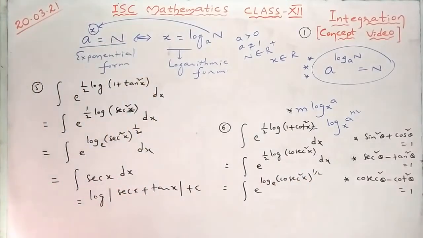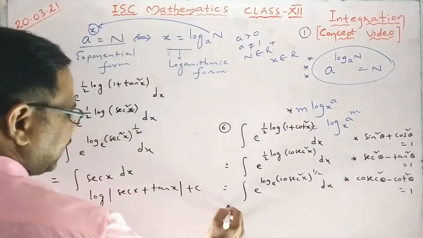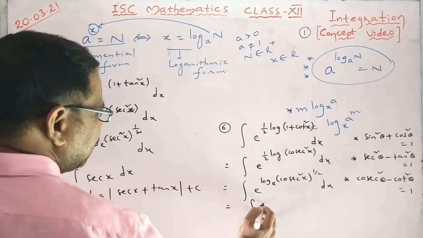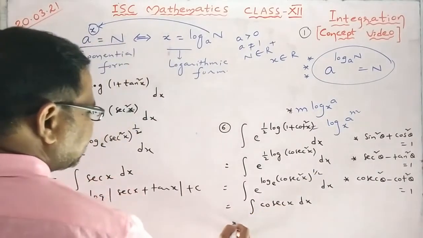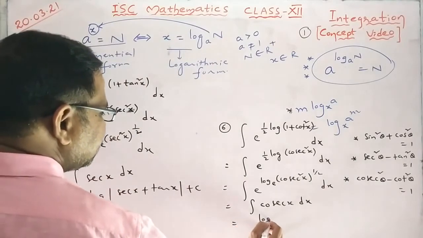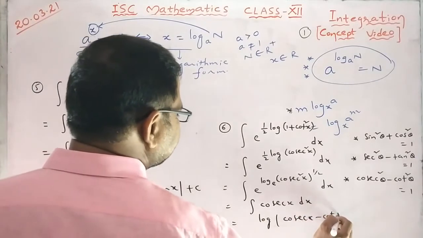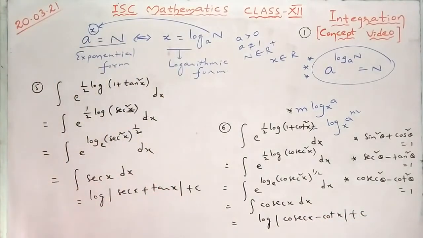If there is no base here, we treat it as e. So e same. So I can write integral cosec x dx. Why? This 2 also gets cancelled. Integral cosecant x means log mod cosecant x minus cot x plus c. That is the formula.